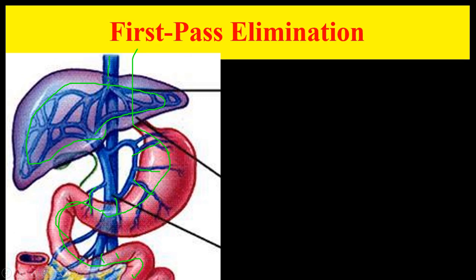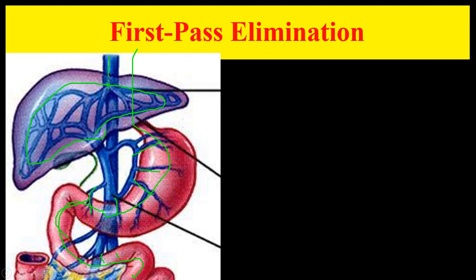In the stomach, 100% will not be absorbed, and again in the stomach wall it may be metabolized, and then again in the portal veins it may get metabolized, and again in the liver it gets heavily metabolized.